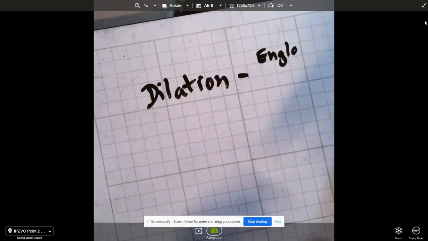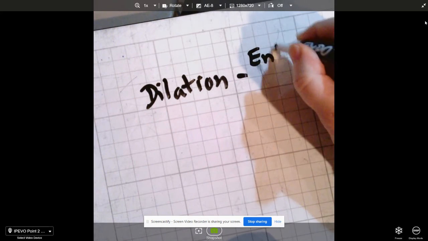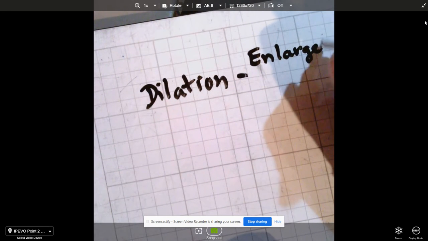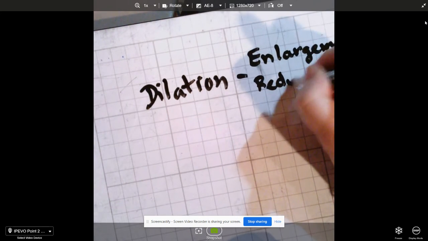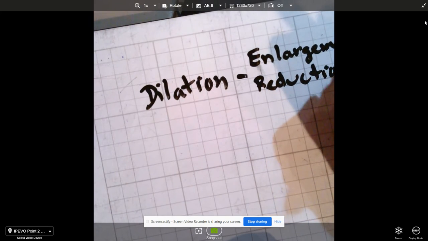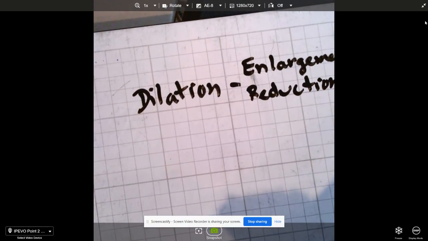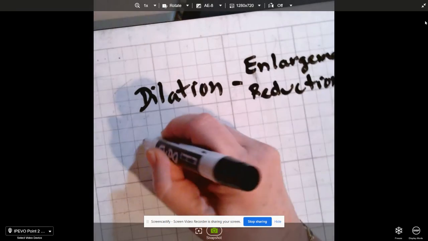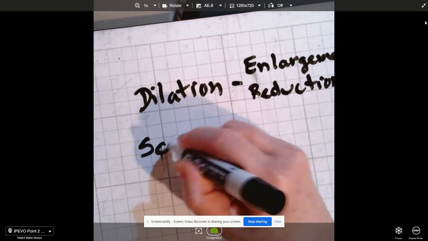Whoops, I spelled that wrong, sorry. A dilation could be an enlargement, which means it would be getting bigger, or it could be a reduction, which means it's going to get smaller. And whenever you have a dilation, you could figure out the scale factor. And the scale factor tells you by how much is something getting bigger or smaller.